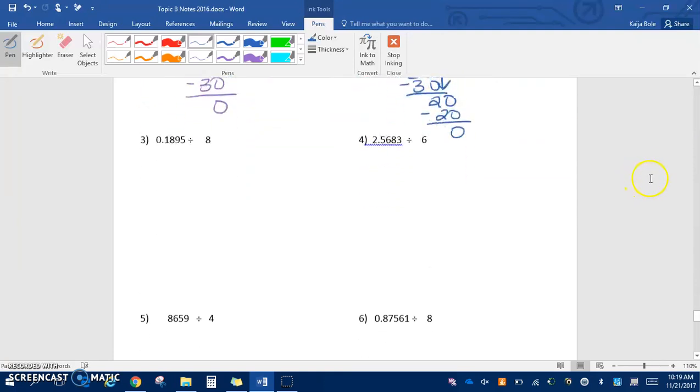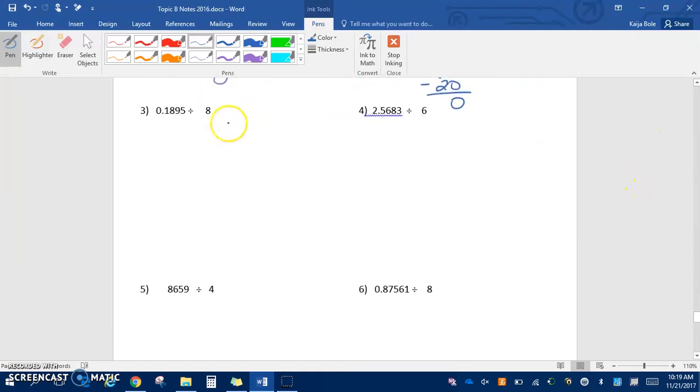Alright, moving on to number 3 here. We have 0.1895 divided by 8. So our setup here is the same. 0.1895, our 8 goes on the outside. Remember to bring up that decimal point, the most important part.